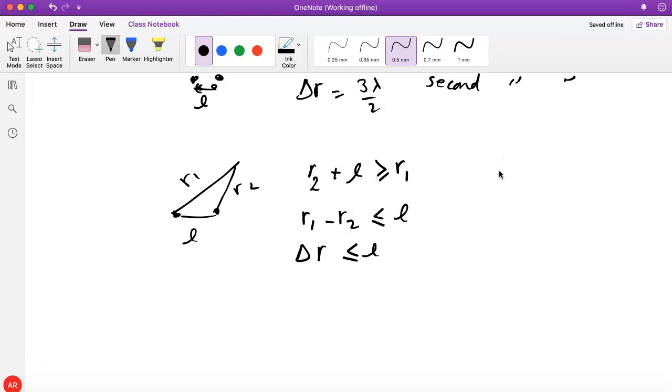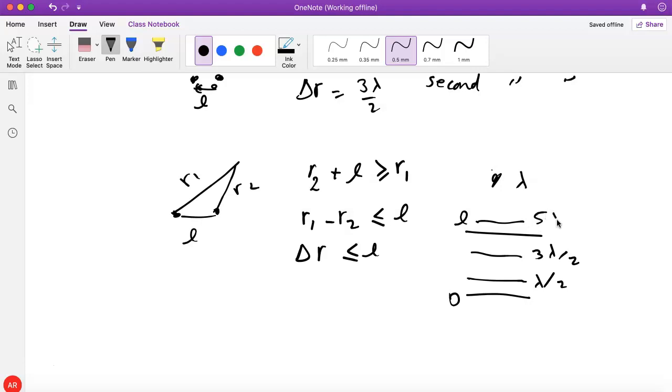So here we have 0, here we have L. Let's say here you have lambda over 2, here you have 3 lambda over 2, and if 5 lambda over 2 gets larger than L, then we can't have a nodal line with delta R of 5 lambda over 2.